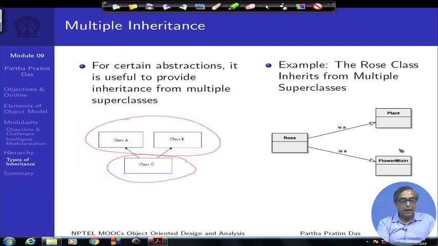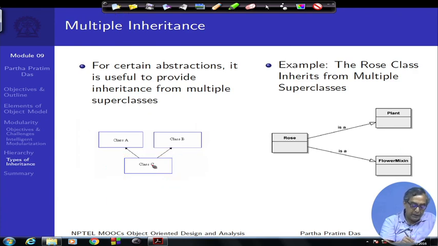Whenever that happens, we say that we have multiple inheritance, because then class C will enjoy the properties and methods of class A as well as of class B. Multiple inheritance is a regular reality of our life. Multiple inheritance comes from the different roles that we keep on playing all the time.